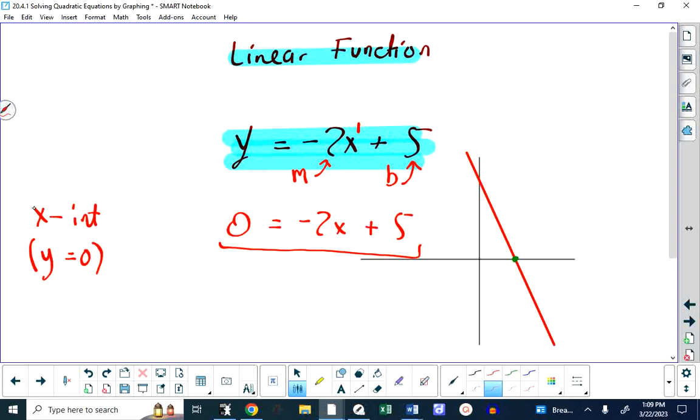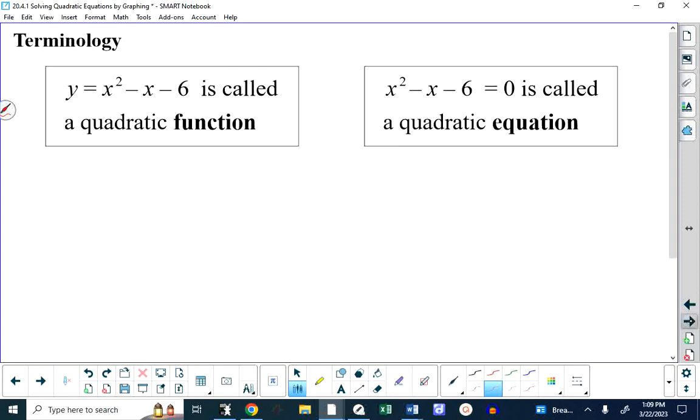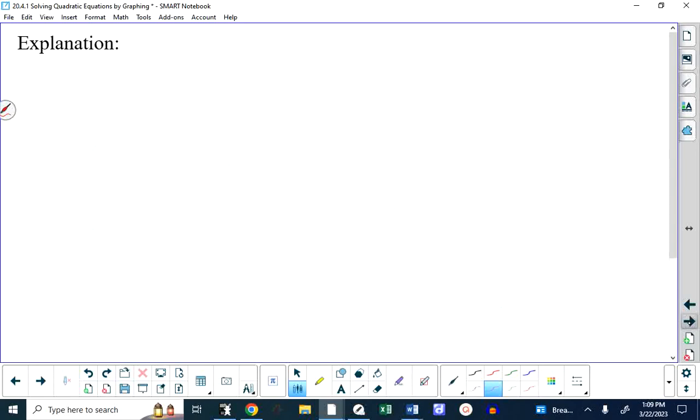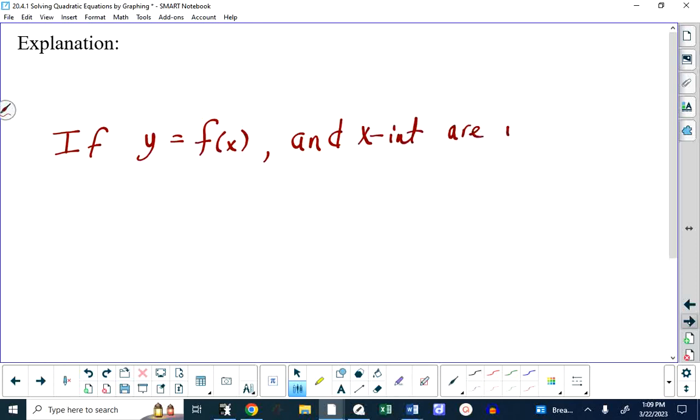So essentially, we can summarize this by saying that if y equals f of x and x-intercepts are where y equals 0, which, I'm not even really paraphrasing what you said, I'm just saying it in my own words.